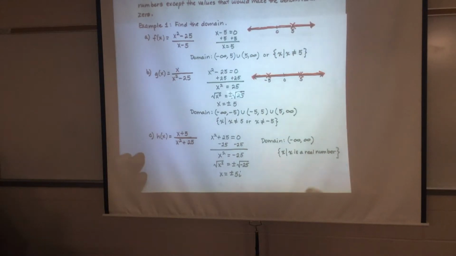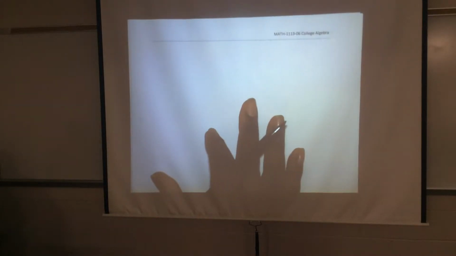Okay, next we'll look at a vertical asymptote. That concept of finding the domain, setting the denominator equal to 0, that's the way of finding the vertical asymptote of a rational function.